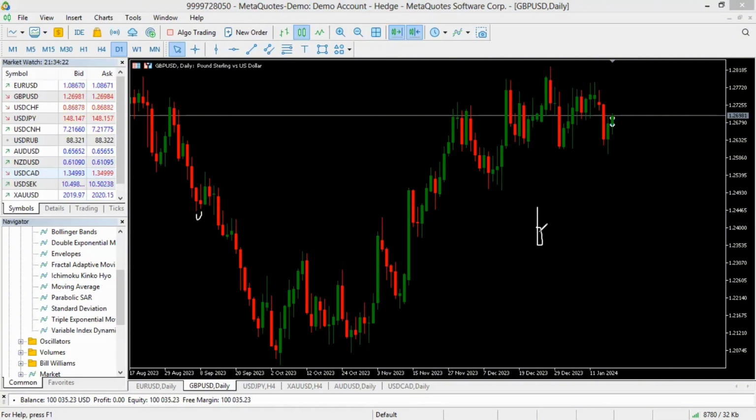You have the upper shadow or upper wick and the lower wick. If this is a bearish candle, meaning it closed here, there can be another bearish candle that closed here, maybe something like this. Now the closing did not go below the low of this particular candle.